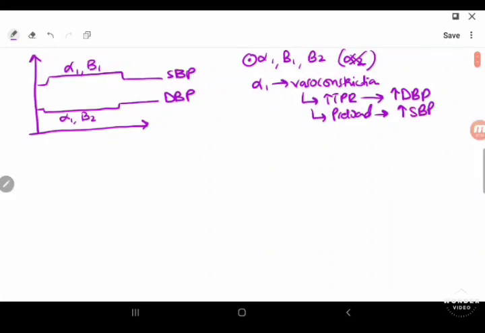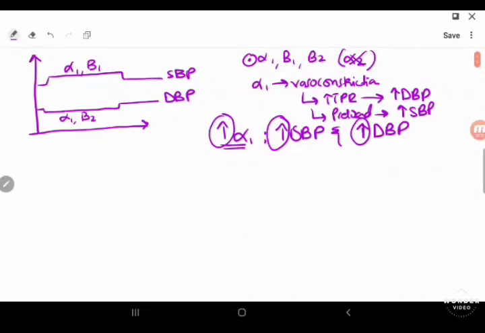So whenever there's increased alpha 1 activity, there's going to be an increase in both your systolic blood pressure and your diastolic blood pressure. So it has a direct relationship.